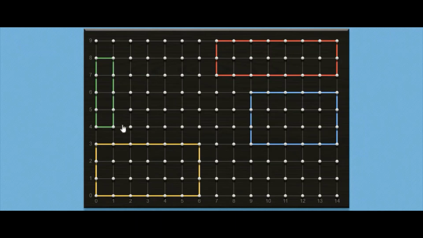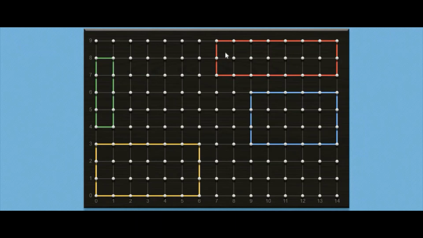So what would be the area of this green rectangle? Clearly, you can see that this green rectangle has a total of 4 square units, right? So it means that the area of this rectangle would be 4. What about this rectangle here? Now, the area, again, you just need to count up each square unit.